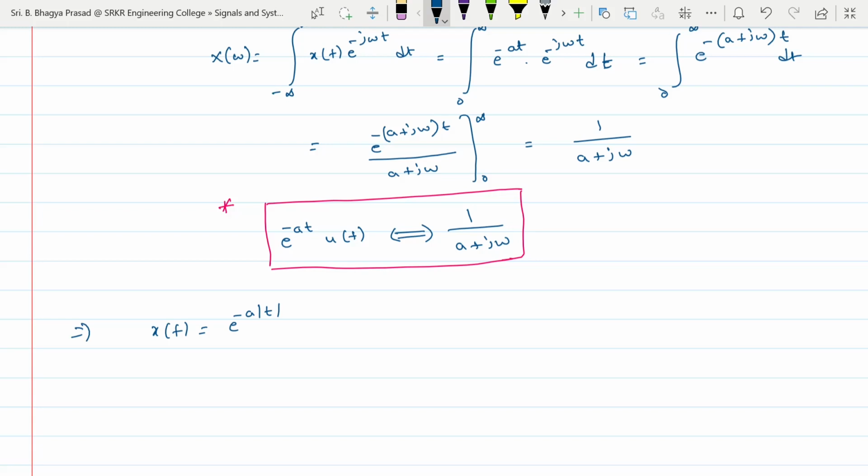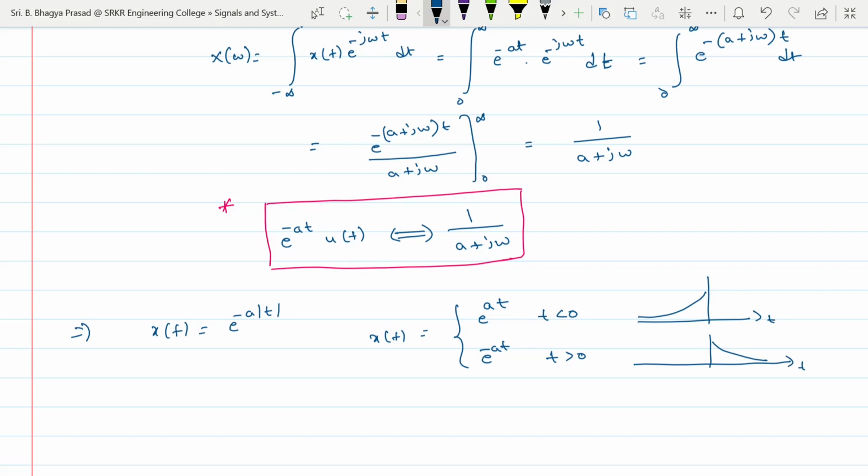Let us write this signal for t negative: it is e power at, exponentially increasing from minus infinity up to 0, like this. And for t positive, the signal is e power minus at, exponentially decaying for the positive time.